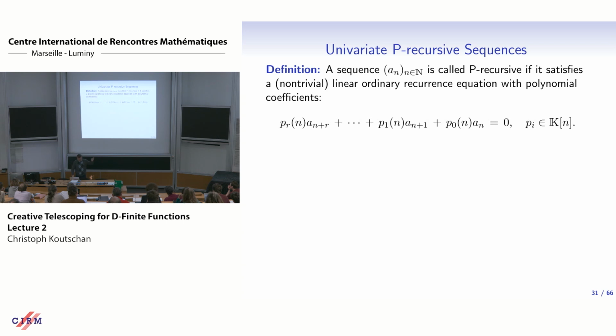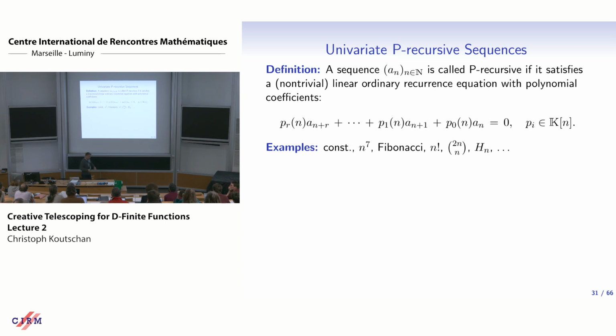And again, you can think of polynomial or rational function coefficients. This doesn't really make a difference. Examples: again, the constant sequence definitely falls into this class, as do any polynomial sequences. A prominent example is the Fibonacci sequence, where you have even constant coefficients and you don't need polynomials here. Then things like n factorial, 2n choose n.